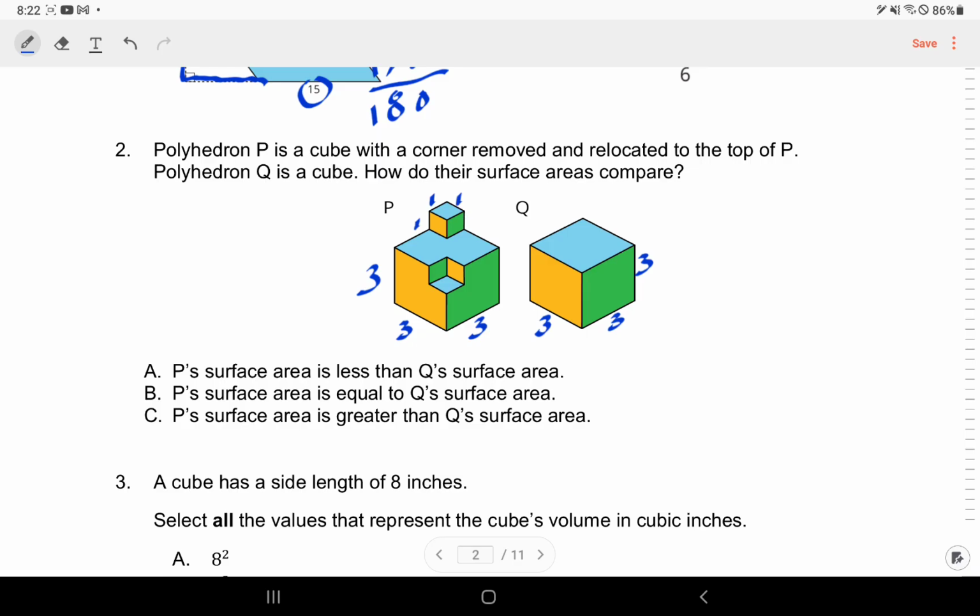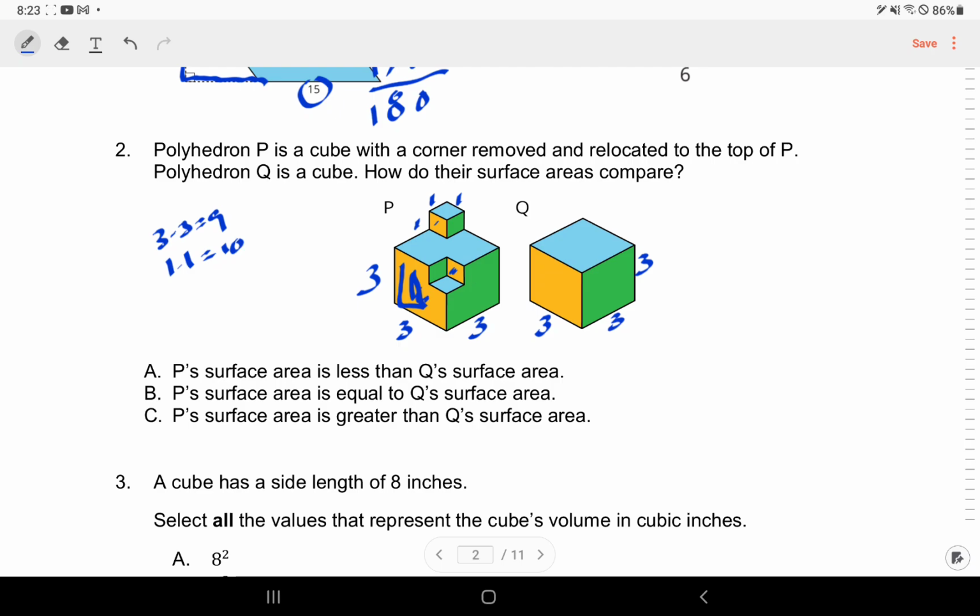So if we look at this from this side, this orange space right here is 3 times 3 for 9. But we also have that one, which is 1 times 1, which makes 10.